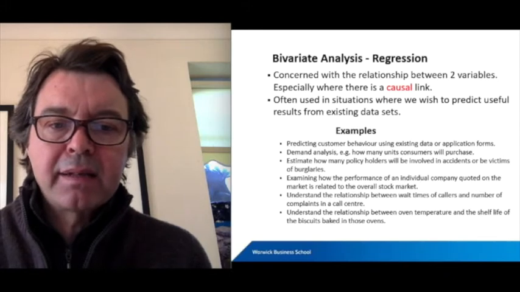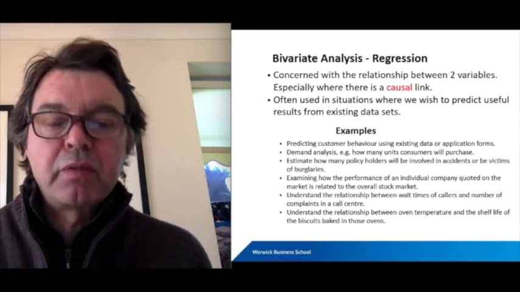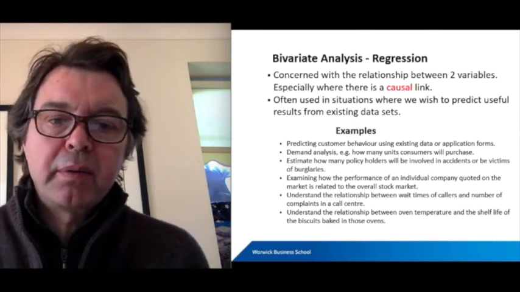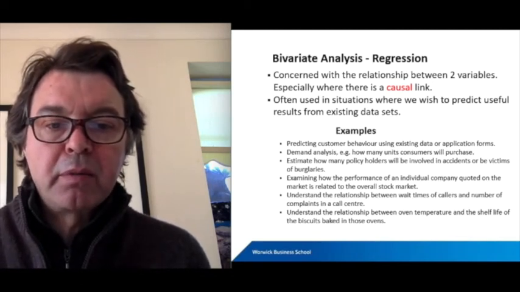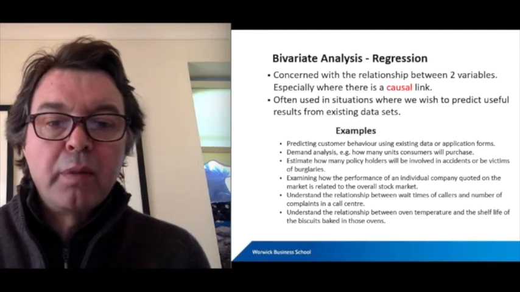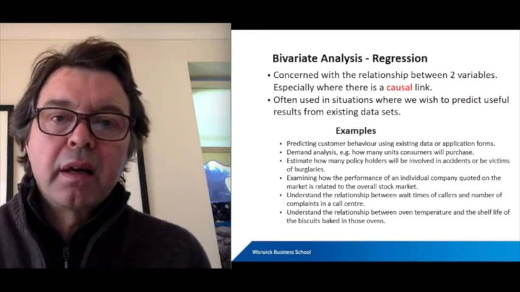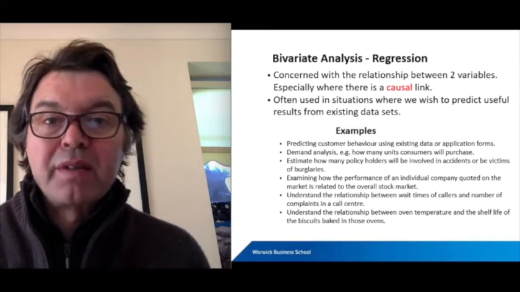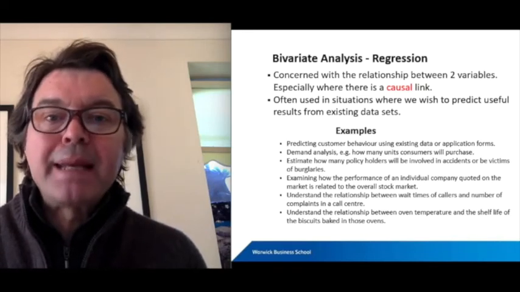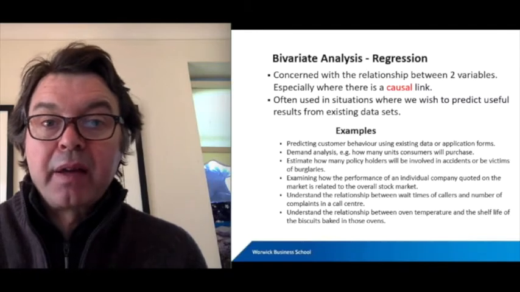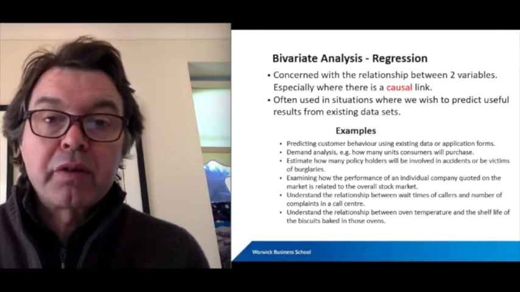Demand analysis, so how many units customers will purchase, for example. Estimate of how many policyholders will be involved in accidents or be victims of burglaries. So insurance companies have been doing this type of regression analysis for many, many years, because that's how they determine what your insurance premium will be.